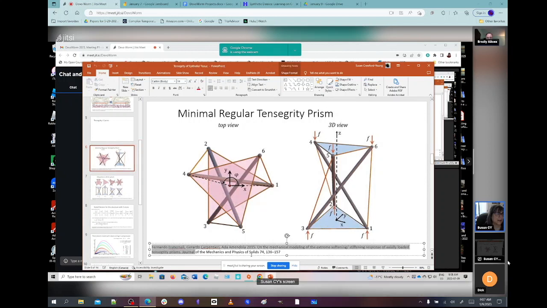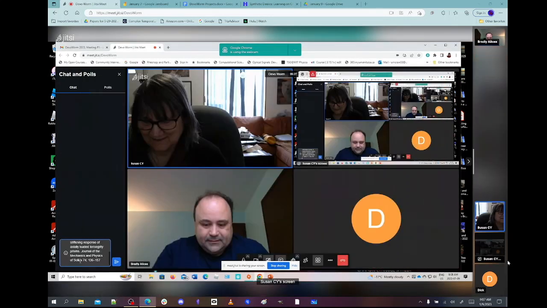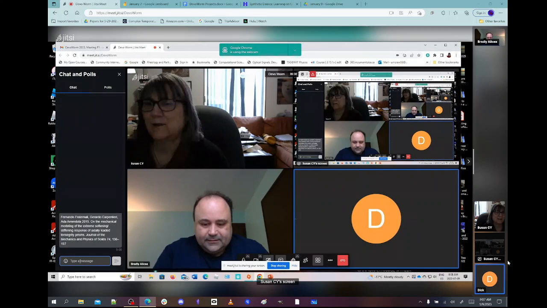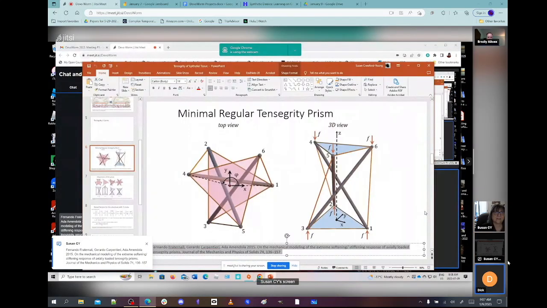Okay, there it is. I'll put this in the chat. Posted. And then back to this. They just tried it with this simple 3-strut tensegrity. And it moves between the strings touching and the bars touching, basically.